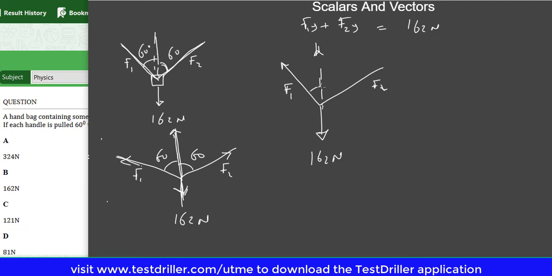Since this is 60 degrees and this is 60 degrees, to get this component, since this component is adjacent to this 60 degrees, it means F1y will be F1 times cos 60 degrees. F2y will also be the same, which will be F2 cos 60 degrees.